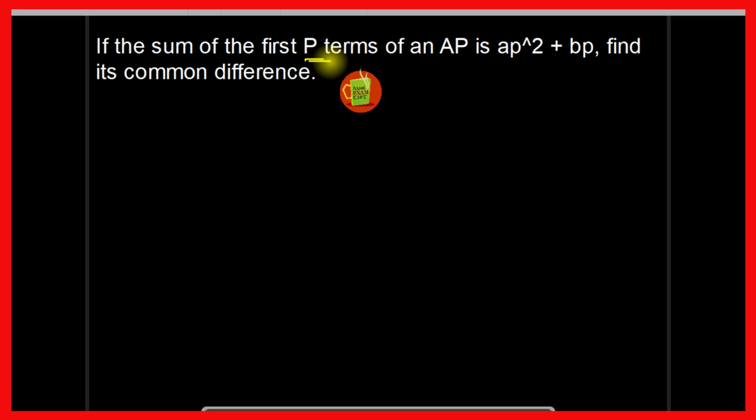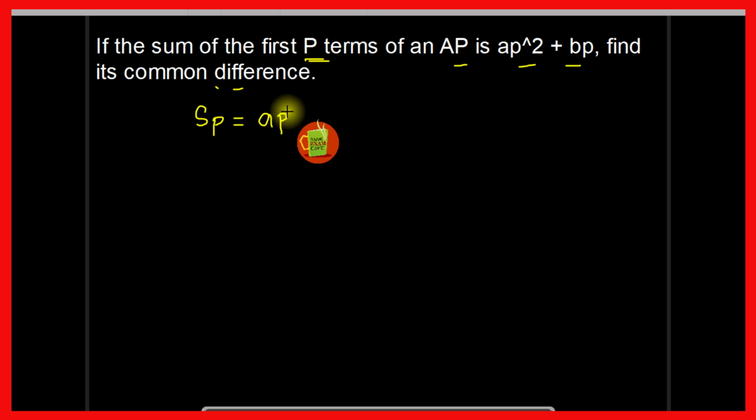If the sum of the first p terms of an AP is ap square plus bp, find its common difference. It is given that the sum of the first p terms of the given arithmetic progression is ap square plus bp.